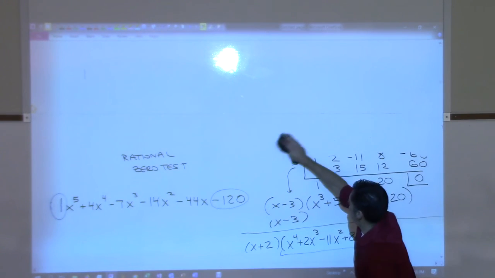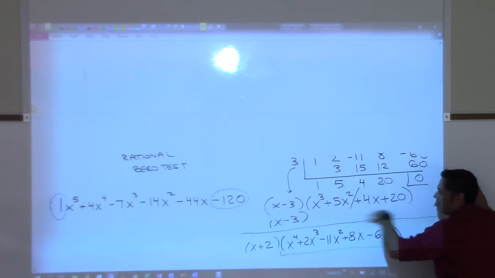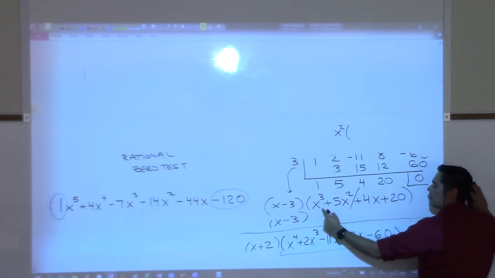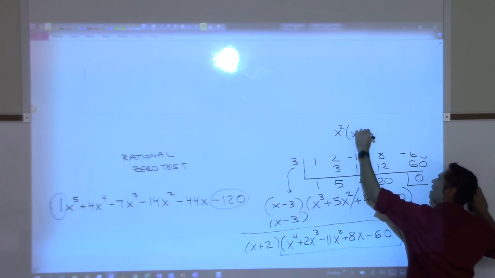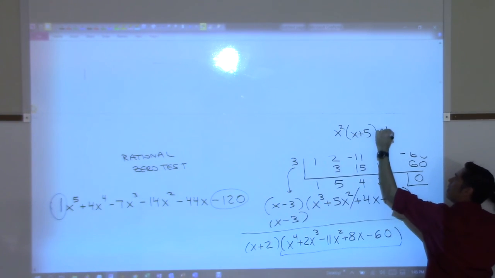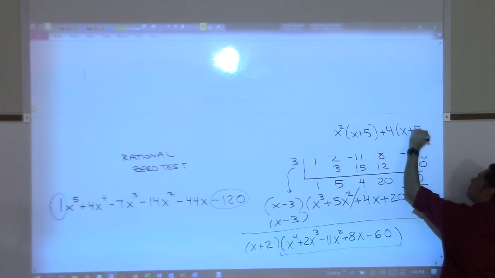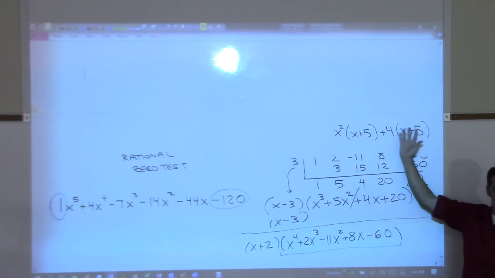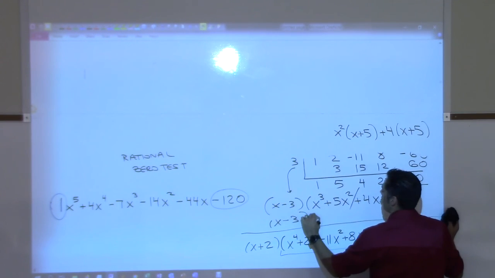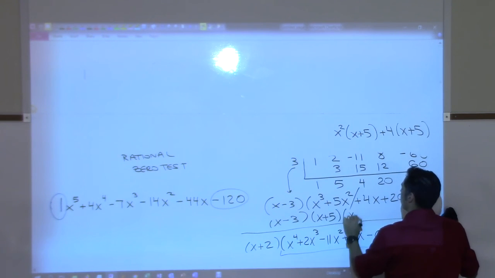So I'm going to do my little grouping up here. I pull out an x squared. What am I left with? x plus 5 there. And then when I pull out a 4 from here, I'm left with the x plus 5. And now they match, right? So my next line under here is going to be, and you can write it either way, I like to write x plus 5 and then x squared plus 4.